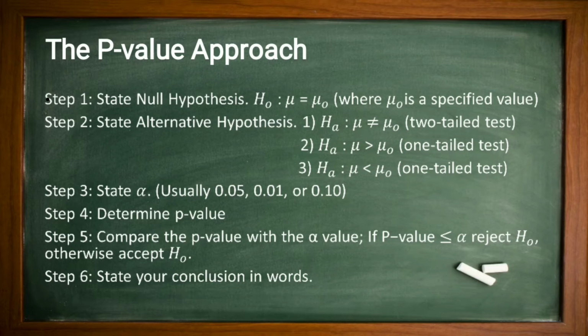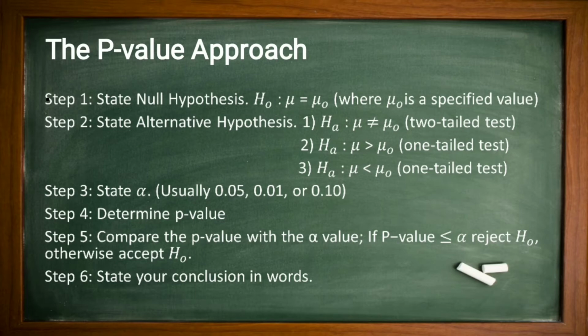Sabi ko po kanina, meron tayong dalawang approach sa pag-calculate ng ating hypothesis test. So, meron tayong 6 steps. We have step 1. The same lang po, state the null hypothesis. Null hypothesis: the population mean equals the hypothesized mean, where the hypothesized mean is a specified value.